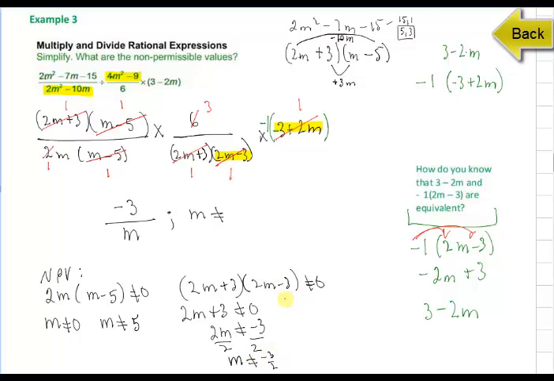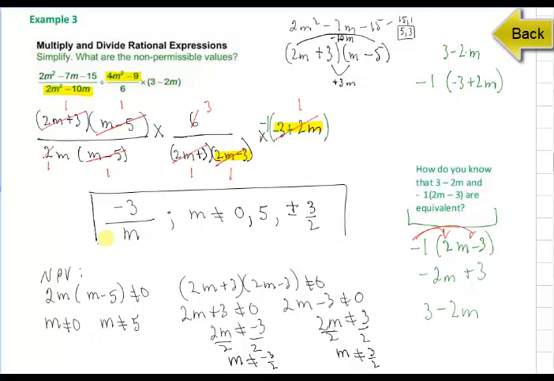And then on this one here, I'll do the same thing. So 2m minus 3 can't be equal to 0, so 2m cannot equal 3 divided by 2, so m cannot equal 3 over 2. Okay, so my non-permissible values are that m cannot be equal to 0, 5, and plus or minus 3 over 2. And so here is your final answer for this.